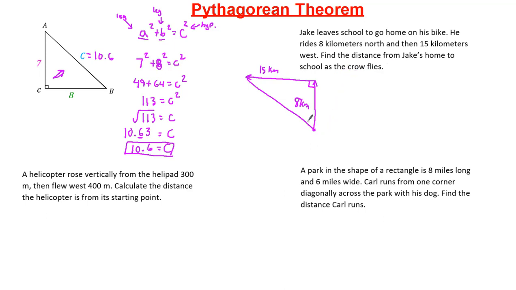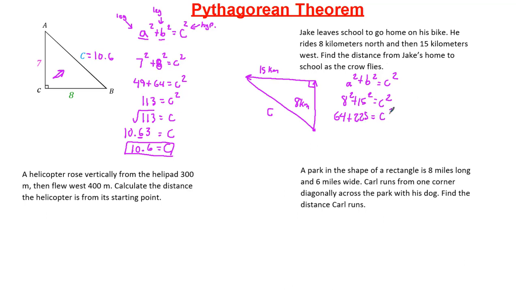Alright, all we're going to do is go from here to over here. So a squared plus b squared is equal to c squared. So this is going to be my c value. Always try to label your c first so you know what's going on. So we got 8 squared plus 15 squared equals c squared. 64 plus, we have 15 multiplied by 15, which is going to be 225.